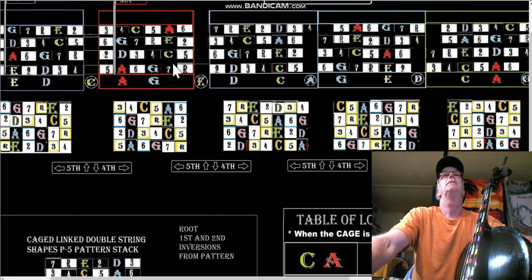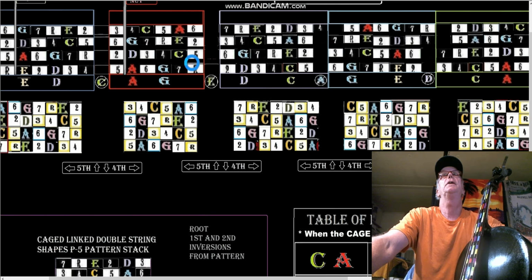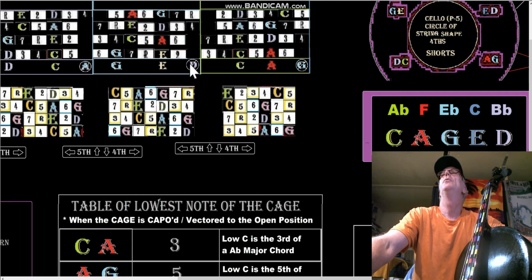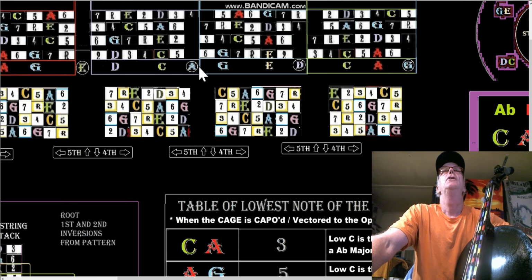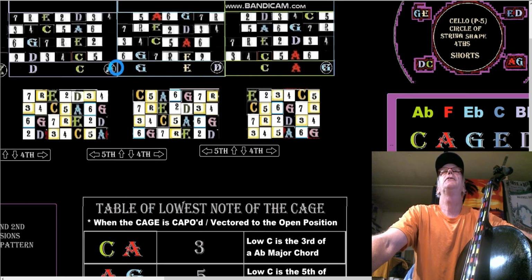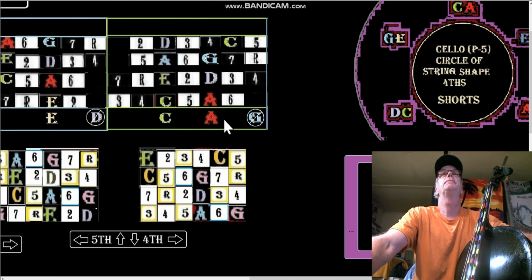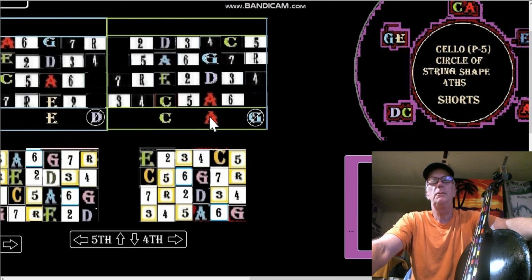A flat. Okay, so let's look at C as the root. What is that now? The C position is A flat. That's the third. Okay, let's do that. So the cage that we're in, sorry for all the moving around, is the CA cage, the last one. CA, here I come.